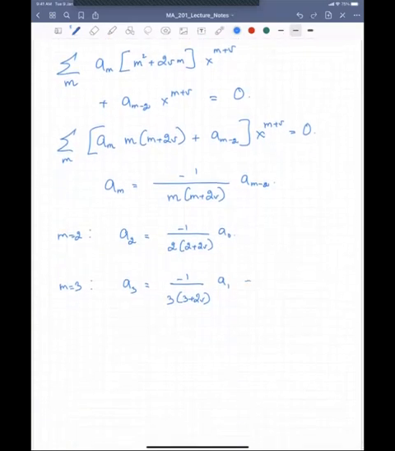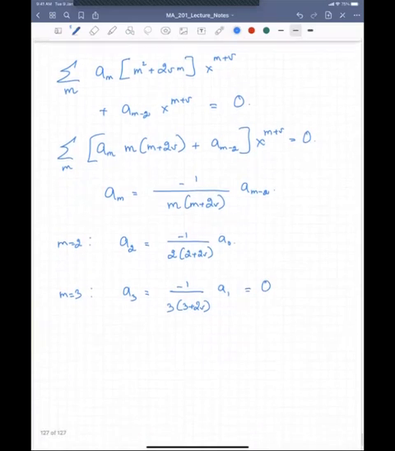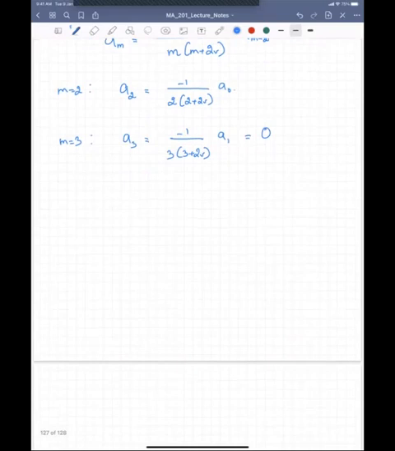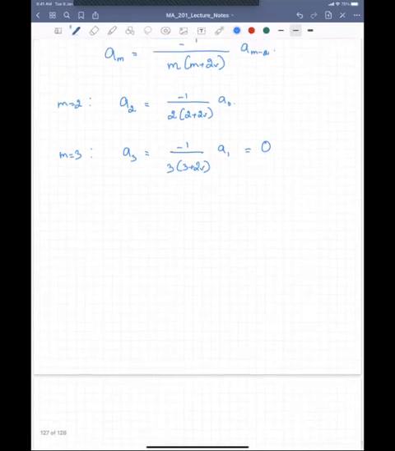Which also means that even a7 and so on and so forth are 0, which means all the odd coefficients vanish in this series. So all odd coefficients vanish. So I only have to worry about the even guys.